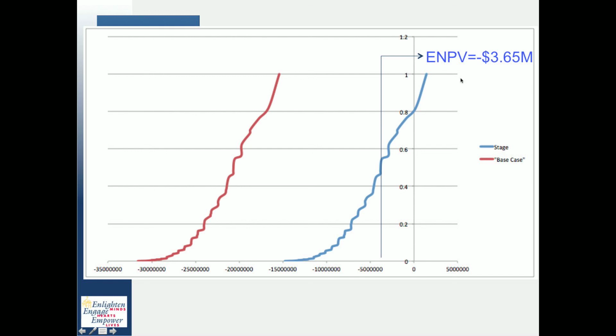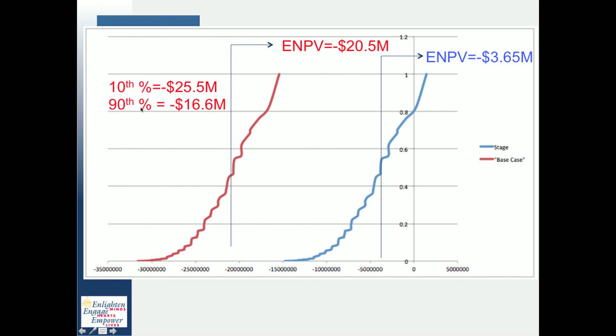So the expected net present value here is minus 3.65 million. Here it's minus 20.5 million. So that's the 50% mark. The 10th percentile for this curve is minus 25.